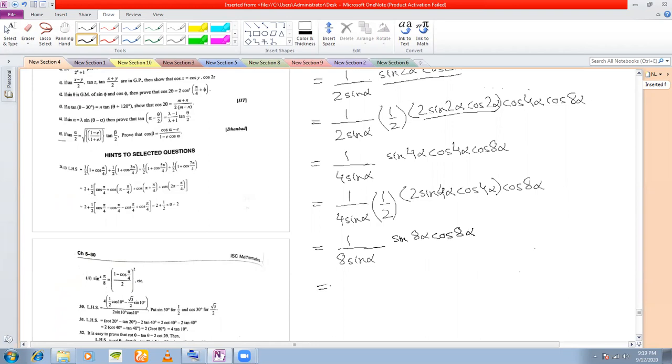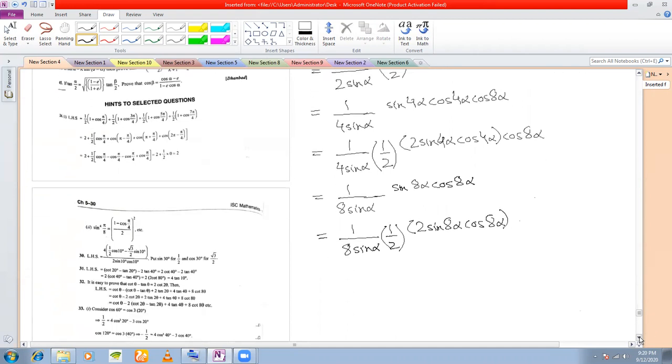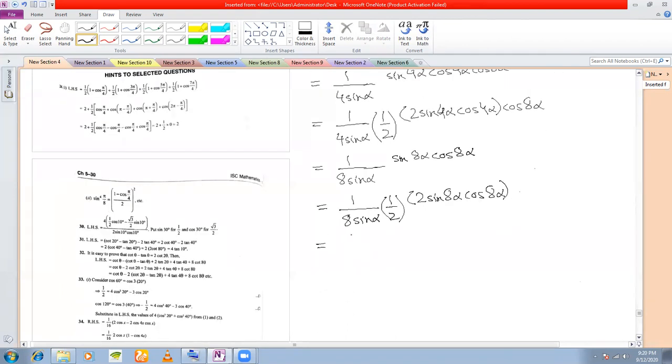Again, you take half once again, and you take 2 sine 8 alpha cos 8 alpha. So this becomes 1 divided by 16 sine alpha, and this becomes sine 16 alpha.